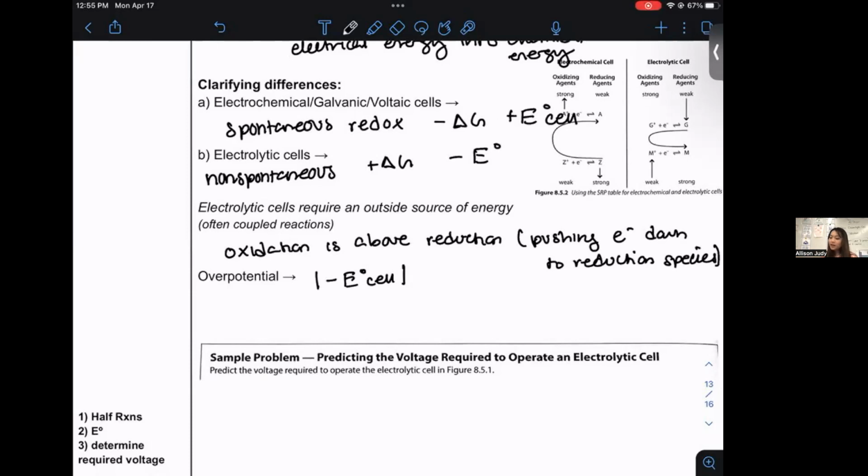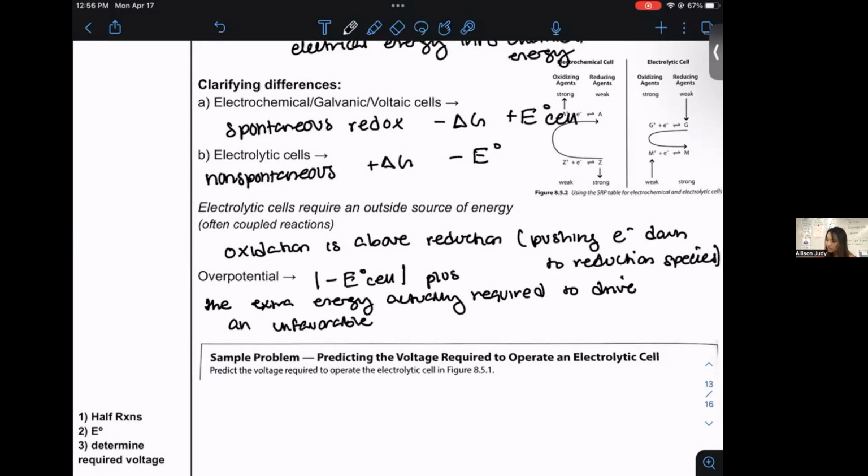Okay. So then we say that whatever value this is, plus the extra energy actually required to drive an unfavorable redox, the absolute value of the negative E naught cell, is your overpotential.